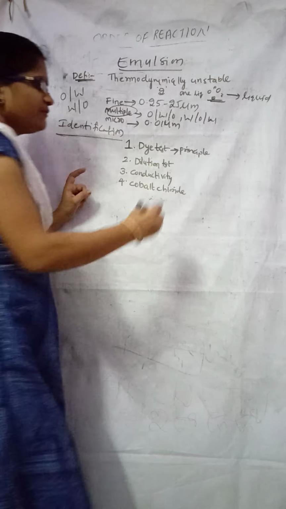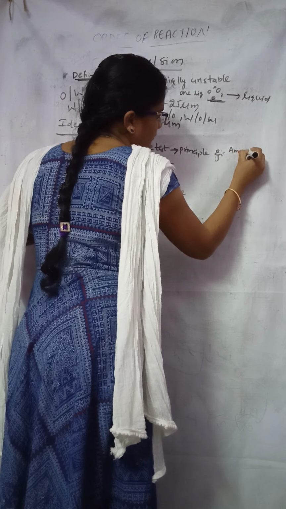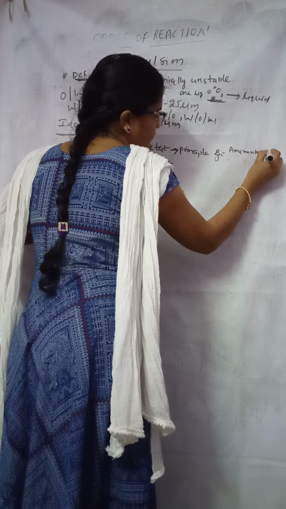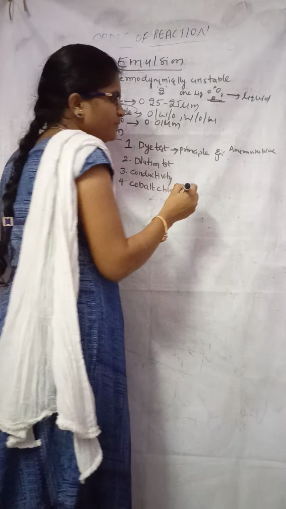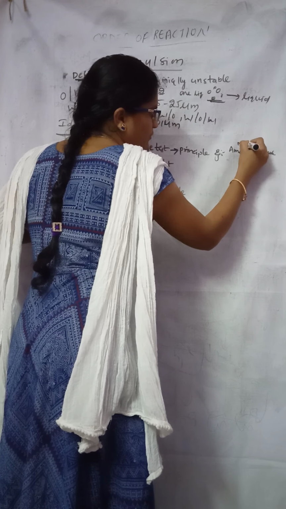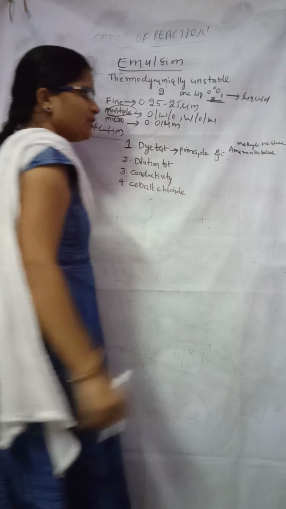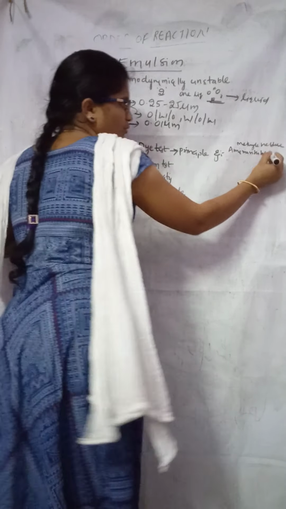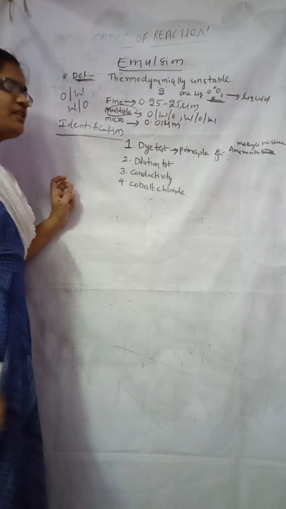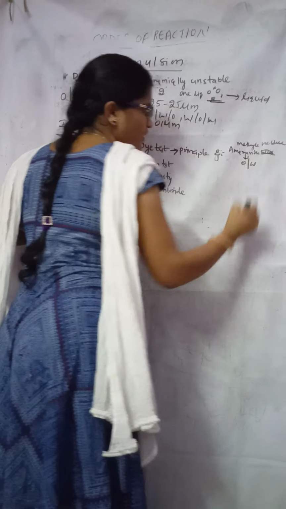For example, amaranth dye and methylene blue are used for the identification of oil in water.